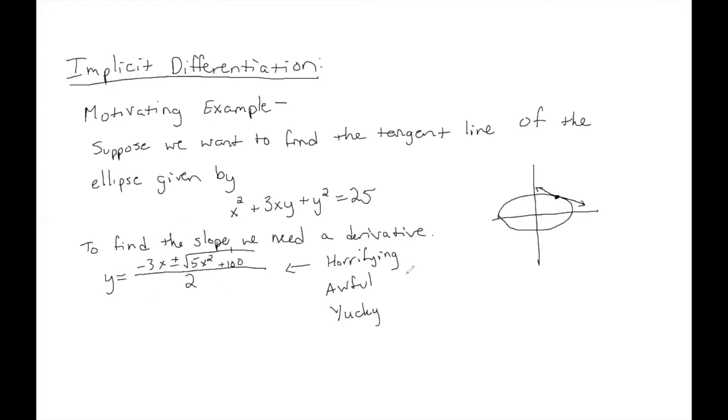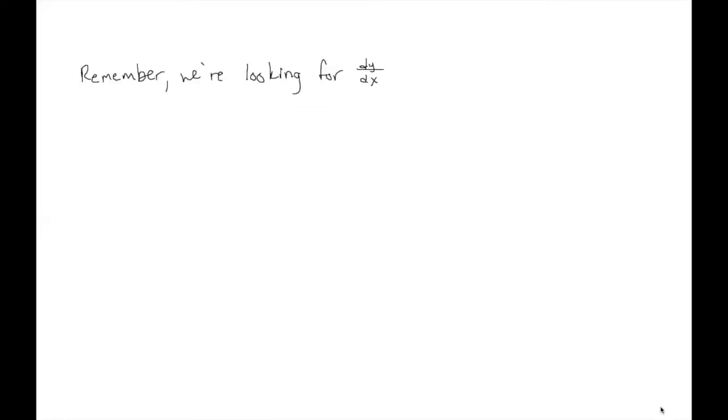So dy dx is really the thing that we're looking for here, right? So I have to treat dy dx as any other symbol and use algebra to solve for it.